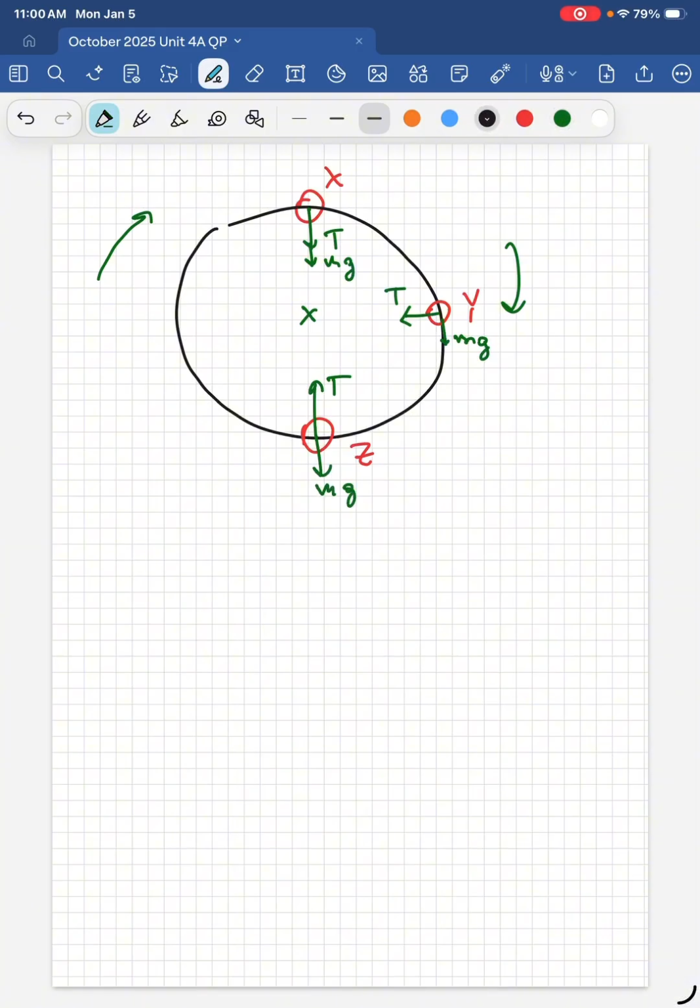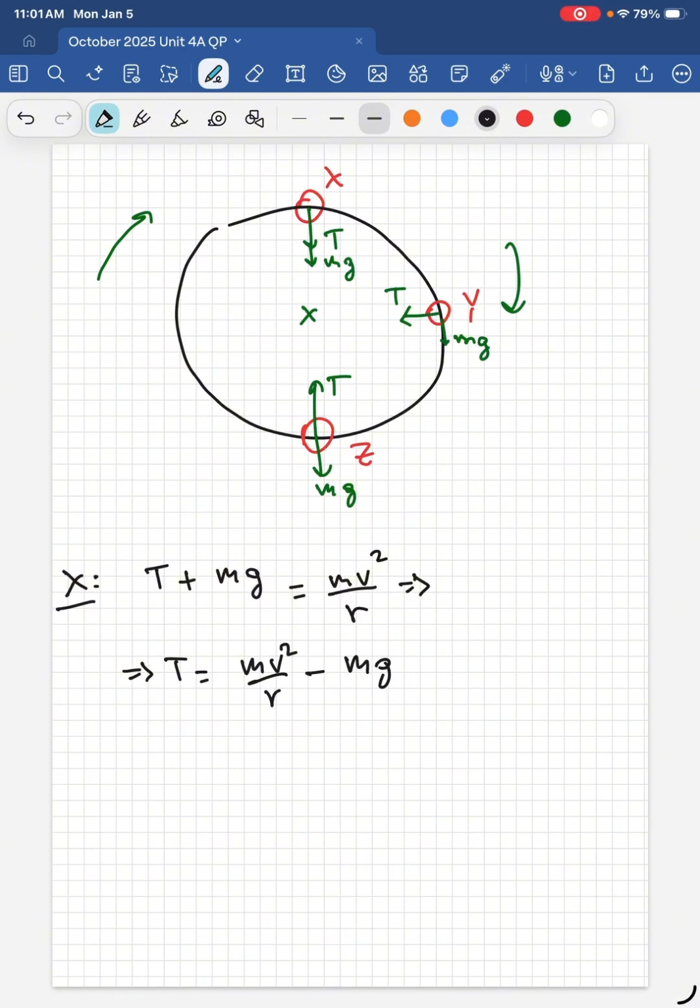So at point X, right, we have that T, the tension, plus mg is equal to mv squared over r. Therefore, the tension is mv squared over r minus mg. Okay, so that's the minimum value, right?